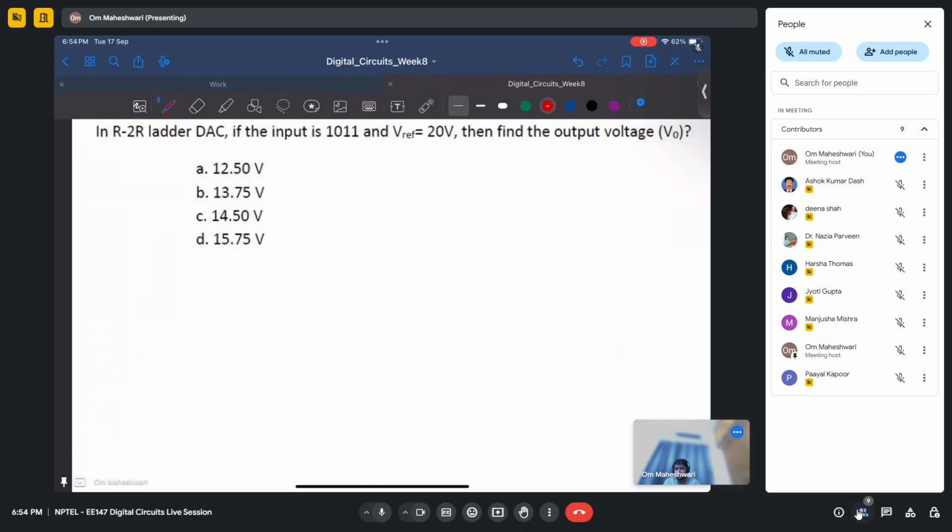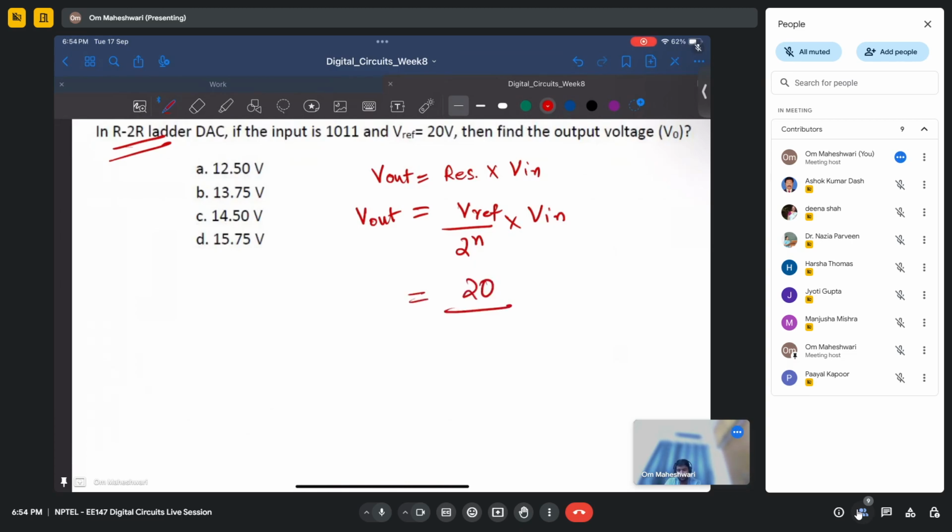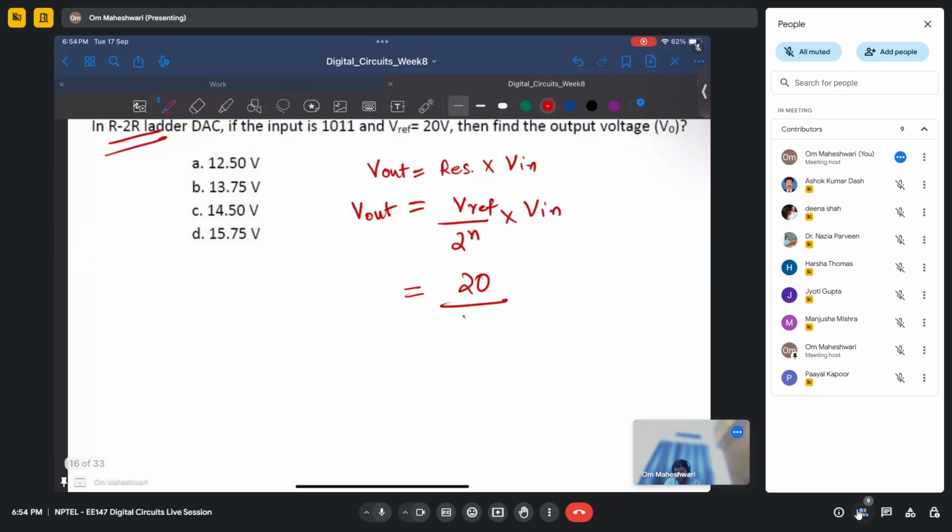So simply here, V out is resolution into V in, and the resolution is Vref upon 2 to the power n, in an R2R ladder. So everything is given. Vref is 20. You have 4 bits, so 2 to the power n is 2 to the power 4, which is 16, and V in is 1011.